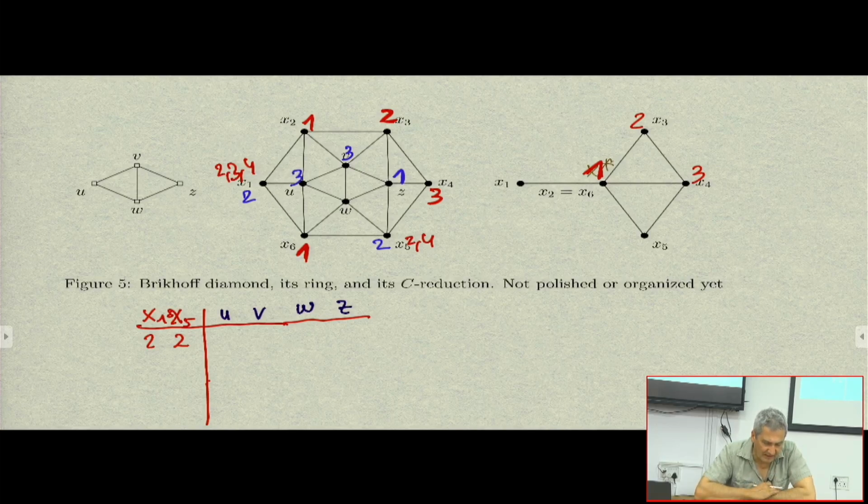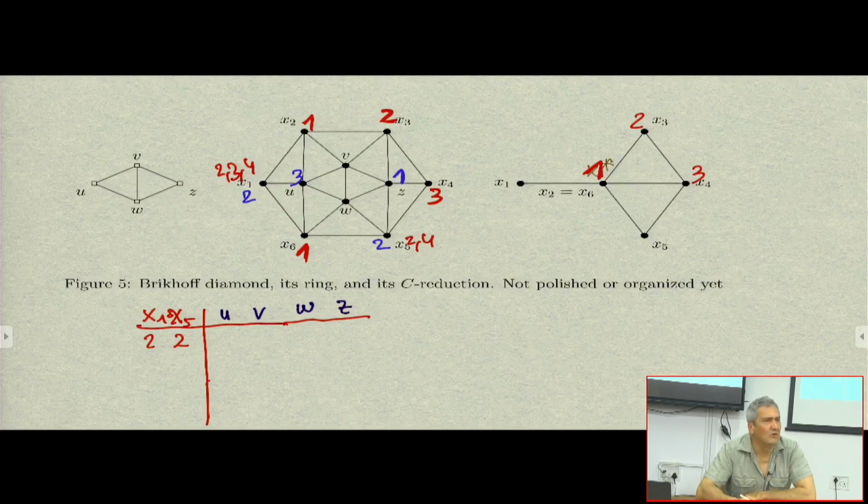And we can be colored with what? Z. Yeah, 4. You want 4. Okay. 4.